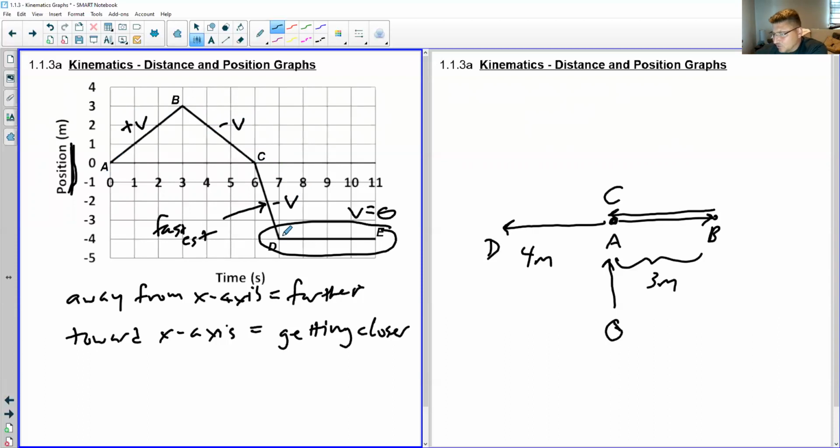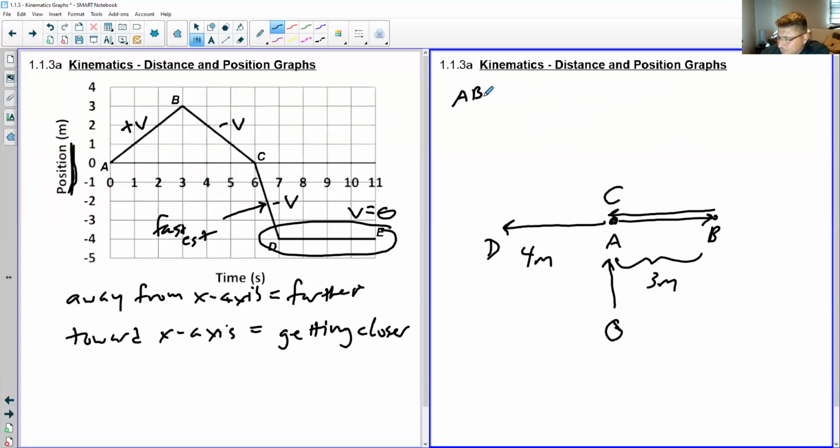And we can calculate those speeds and velocities the same way you calculate them on the distance graph, right? So our speed for interval AB would be the distance of 3 meters divided by 3 seconds, or plus 1 meter per second. That would be the velocity or the speed.